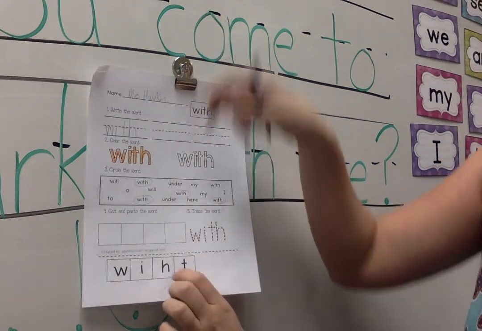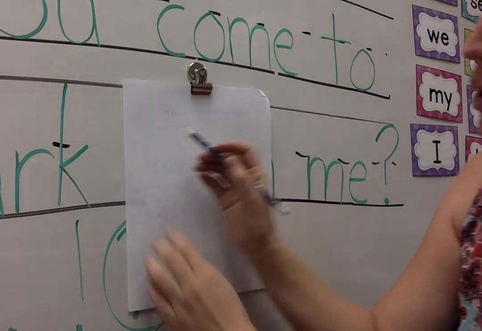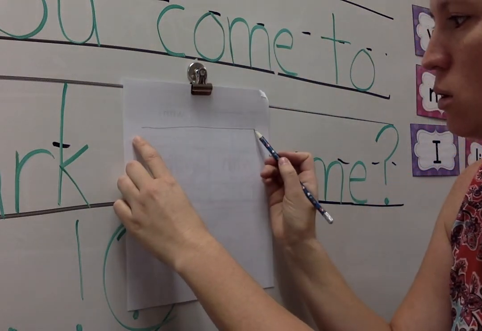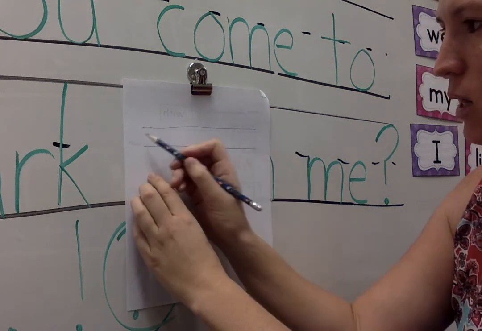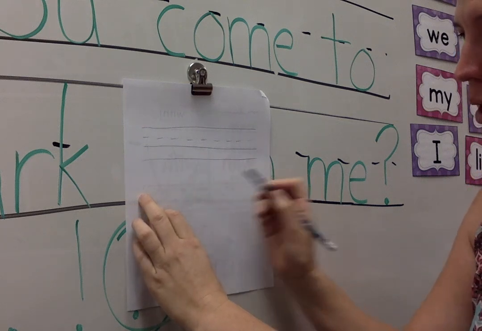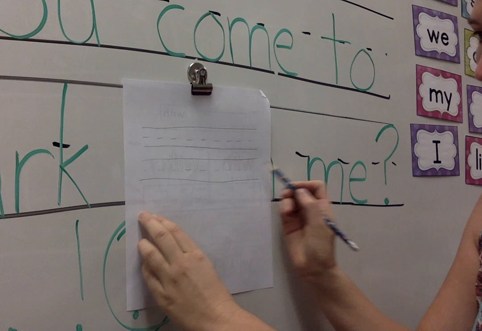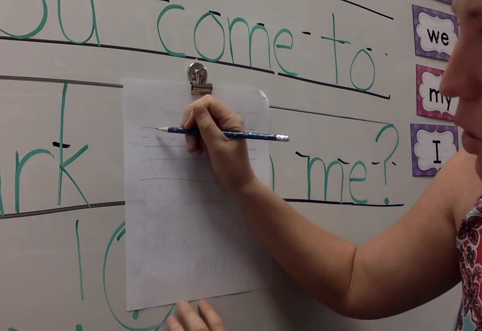Then, after you finish the front, I want your helper to turn it over, and they can just draw writing lines for you. You'll need a couple of them because our sentence is a little long today. And then you'll copy our sentence. I'll start it.